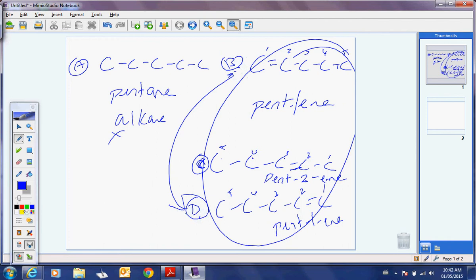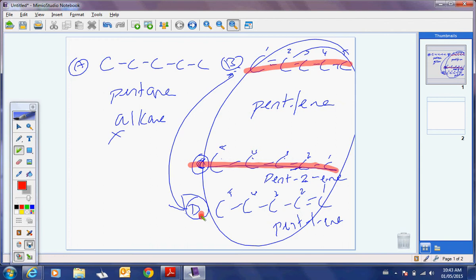This is an isomer of this. The last one is the same as that, so you'd only get 2 marks, not 3. Why is it an isomer? Because they have the same molecular formula but different structural formula.